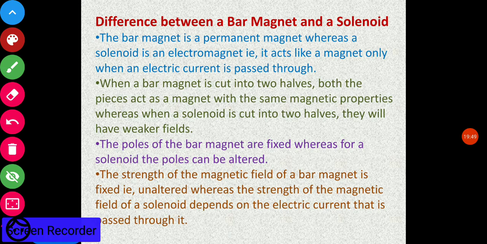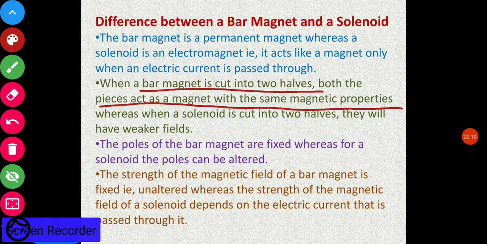So this is an important difference. The second difference: when a bar magnet is cut into two halves, both the pieces act as magnets with the same magnetic properties.